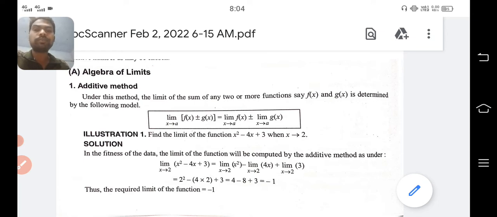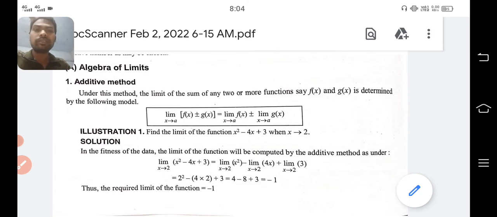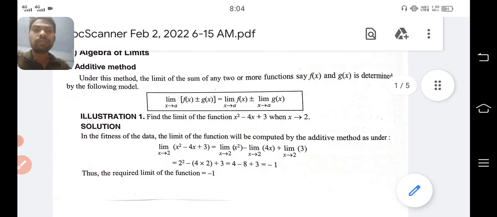Dear friends, I have already taken a lecture on limit and continuity, what the meaning of limit and continuity is, and what the different characteristics of limit and continuity are. Today we shall be learning about the algebra of limits and how we are going to calculate the limit of a function.